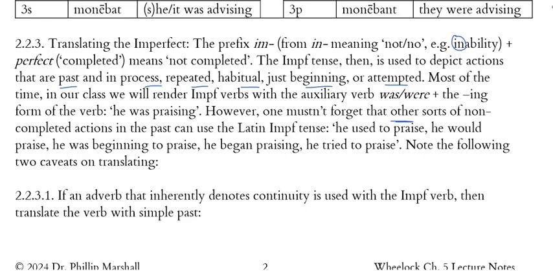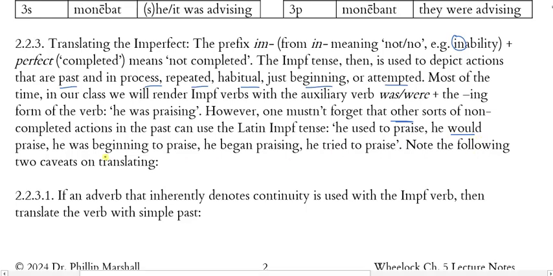He was beginning to praise. He began praising. He tried to praise. All right? And when I say he would praise, I'm using that in the sense of this was something in the past that was his custom to do. On Fridays, when he was in college, he would play tennis, right? That's the kind of would I'm talking about there.